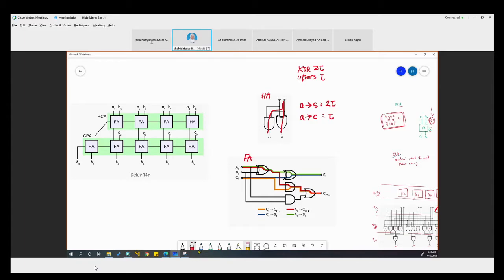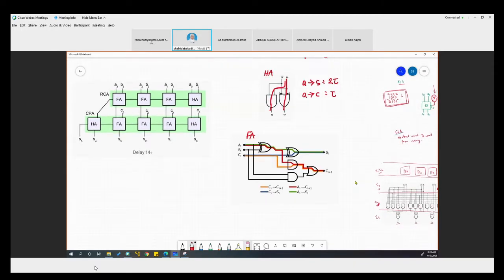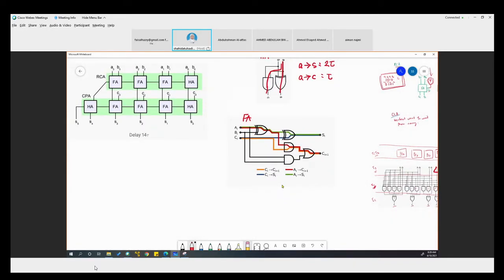All right, in your full adder, as I explained to you before, we have 4 possible paths, which is from A to S, the green path, from A to C, the red path, from C, which is the previous carry, the lower order carry, from carry to S, and from carry to the higher order carry, from carry to carry, right?